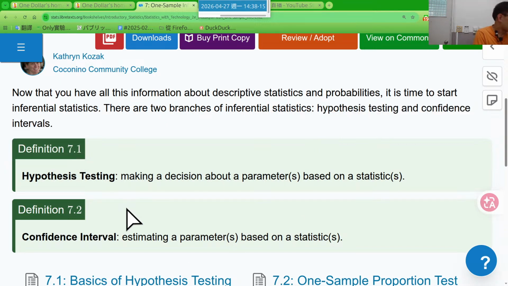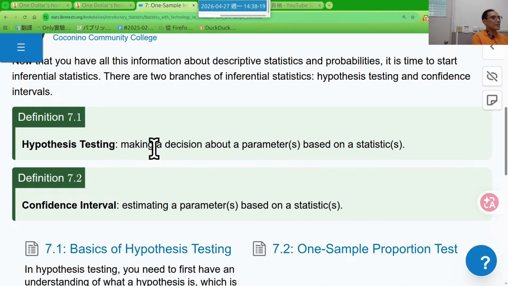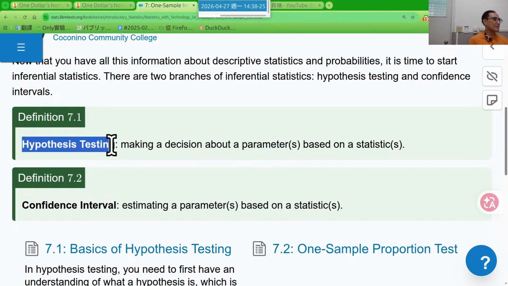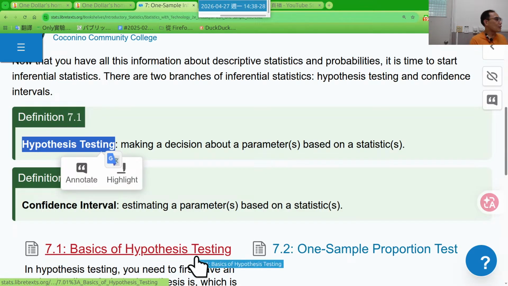Okay, let's go on. Hypothesis testing: making a decision about a parameter based on a statistic. Hypothesis test. Okay, very small, just a small test. For example, assume my drinking water bottle contains Taiwanese herbal tea.